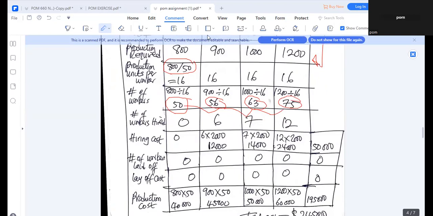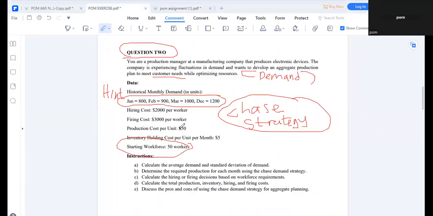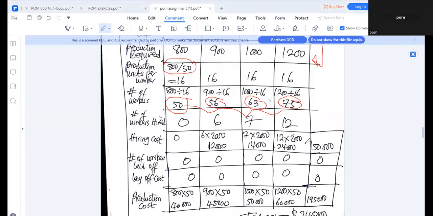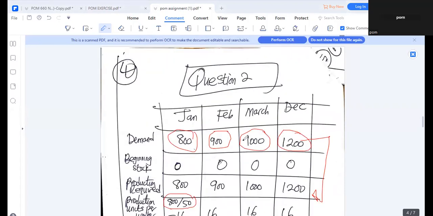So the hiring cost per worker was how much? We can check here. The hiring cost per worker was actually 2,000. Then firing was 3,000. Here we didn't fire any worker, because there was an increase in the demand units, so we needed more workforce.